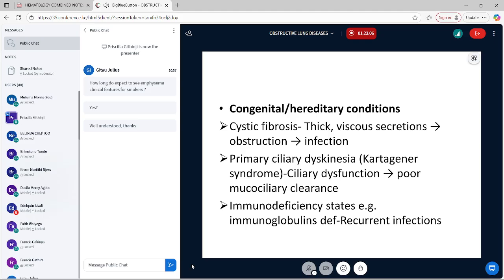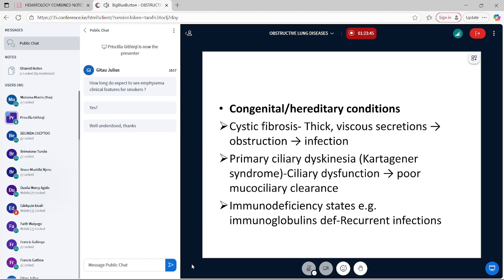Of course, the respiratory epithelium has cilia that help in taking away entrapped substances. So if you have cilia dysfunction, you end up having poor mucociliary clearance. You have persistence of substances that can cause infection, or accumulation of substances that can eventually lead to obstruction.